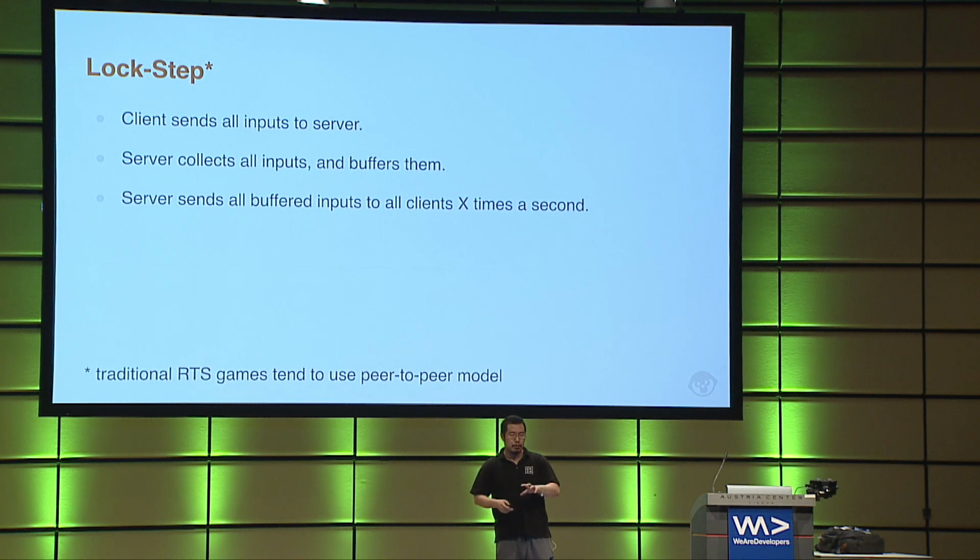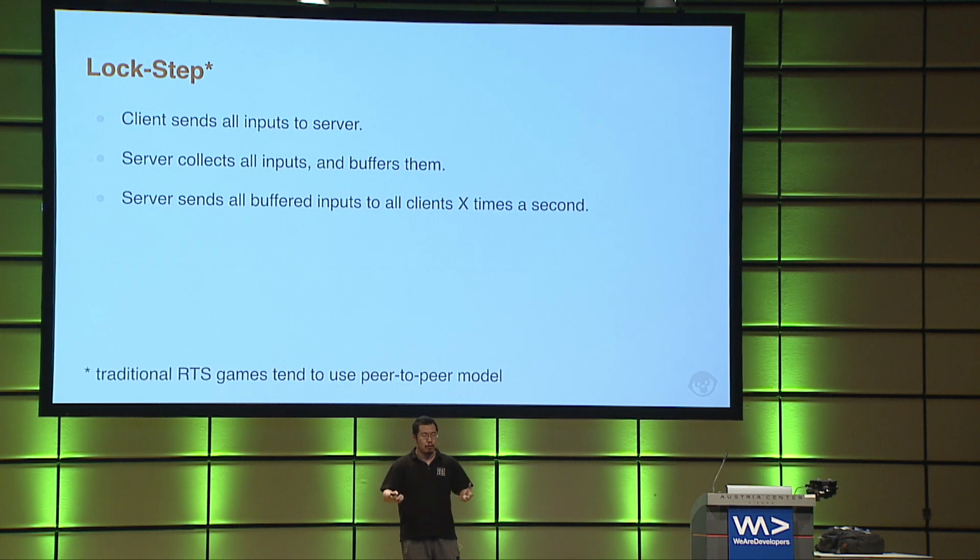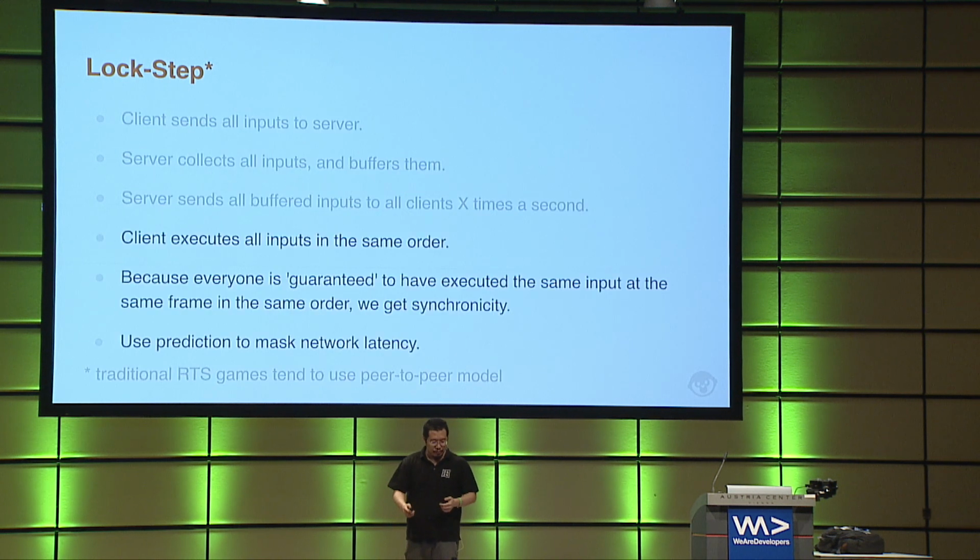So the lockstep approach that people do now on mobile is quite different. It's a small twist to that, whereby you send your input to the server instead, and the synchronization happens through the server. The server will collect all the input from everybody, and then you broadcast only the input out, say 15 or 20 times a second. And on the client side, you are running all the game logic. So the server is not running game logic.